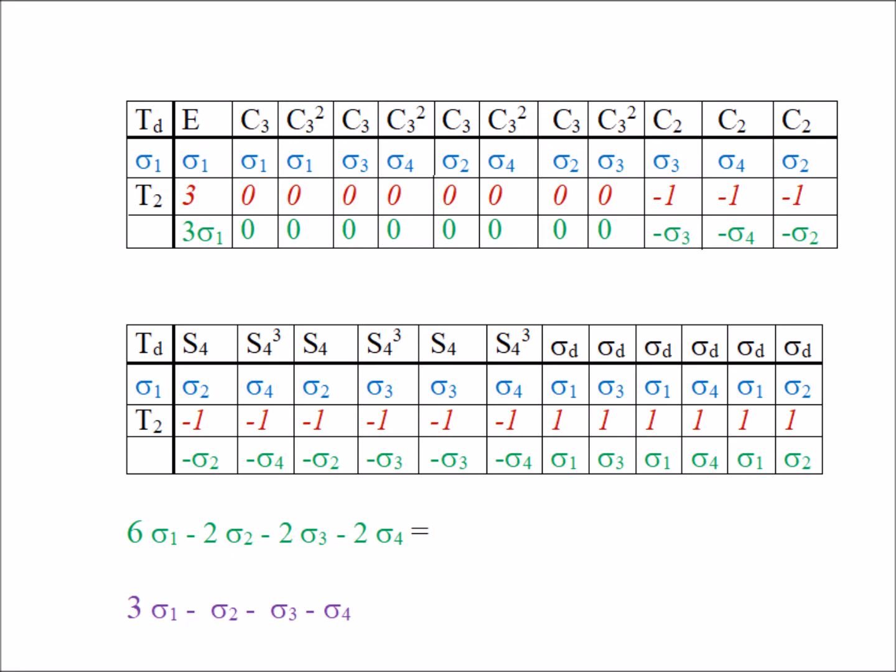Unlike the case for A1, this is not one of the molecular orbitals. Rather, it turns out that it is a linear combination of molecular orbitals, and we'll have to do a little bit of work to extract the forms for the correct molecular orbitals from this linear combination.